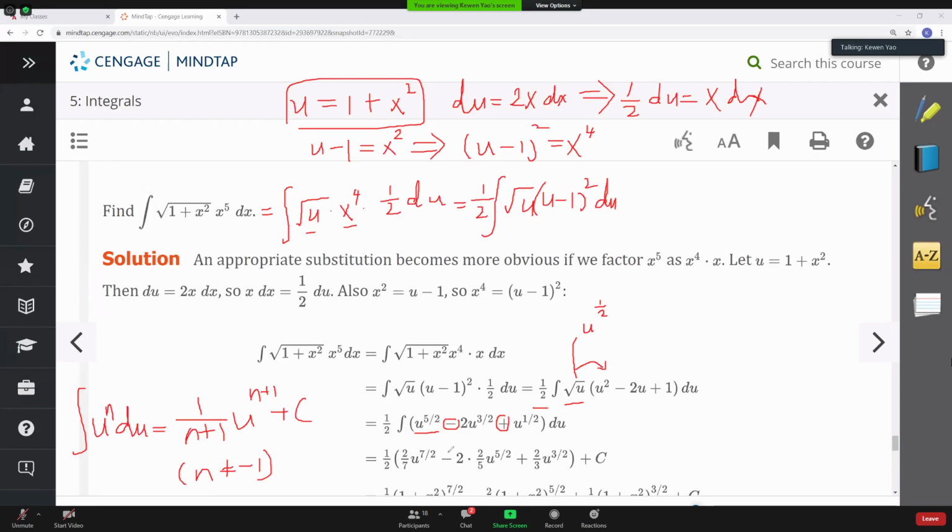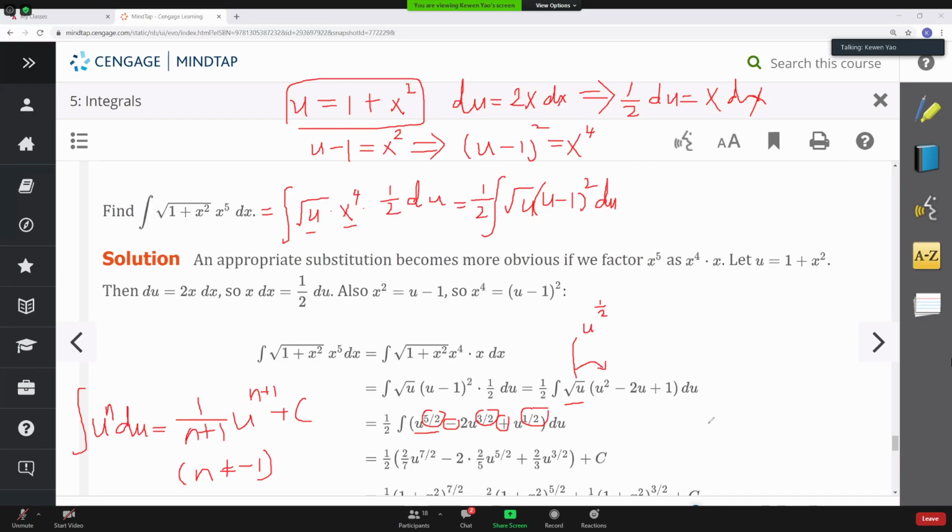Now here n equals 5/2. So 5/2 plus 1 is 7/2, and 1 over that is 2/7. Now this is 3/2, so 3/2 plus 1 is 5/2 and 2/5. These two come from here. This is 1 over that, 2/3.